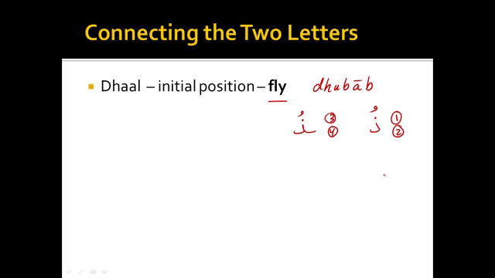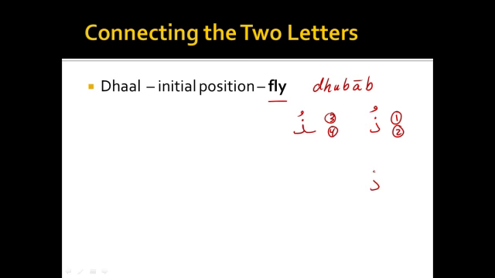Okay, so in our word dhubab, we have the dhaal, we hear the dhu, not dhu as with a long vowel, but a short u sound. Dhu, dhubab. So that's not going to be dhaal waw.